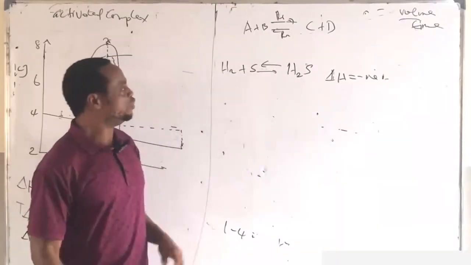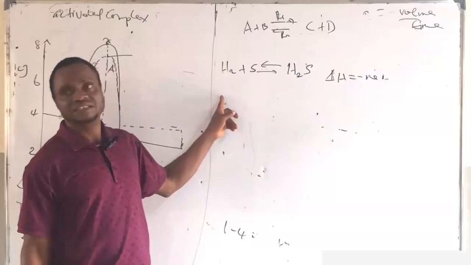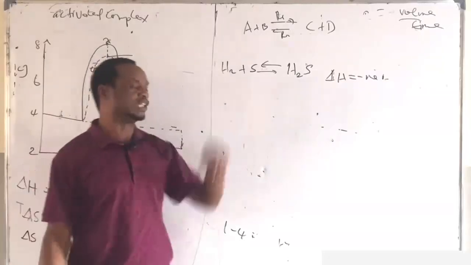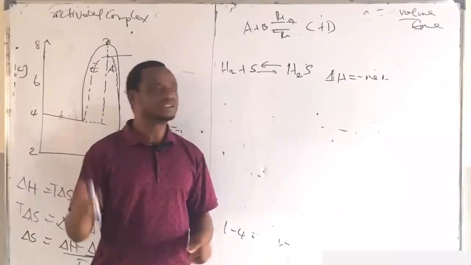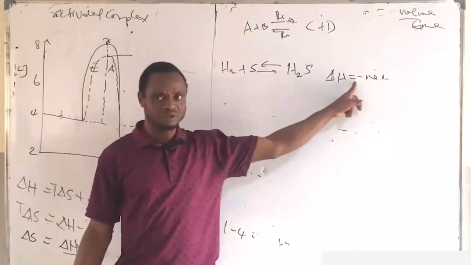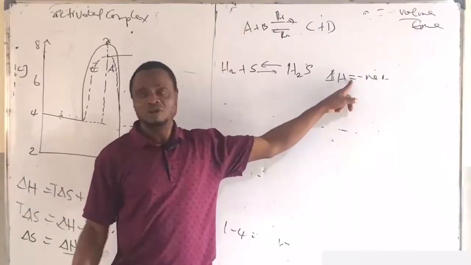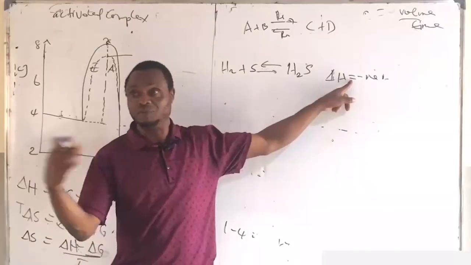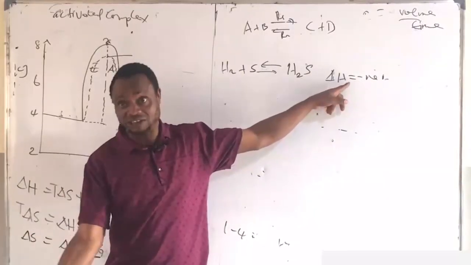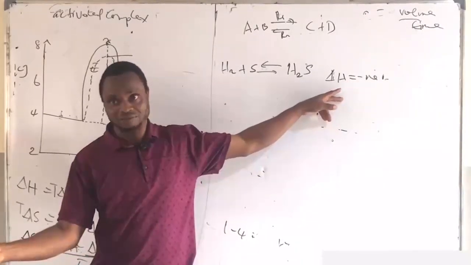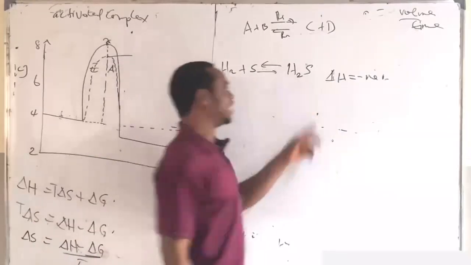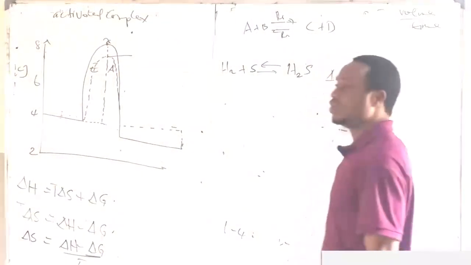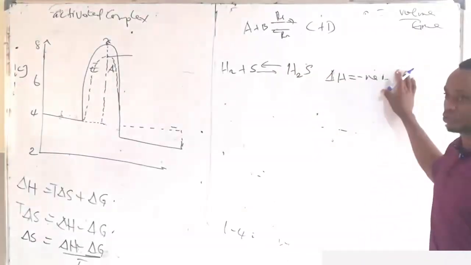Now, what will be the effect of increased temperature on this reaction? And how do we know it? You look at the sign here. Without this sign, you'll not be able to know, unless it's a normal reaction that occurs every day in life, like burning of substances. It's always exothermic. You don't need to measure it. But in this case, you have to have this sign to know whether it is endo or exo. Now, it is an exothermic reaction.